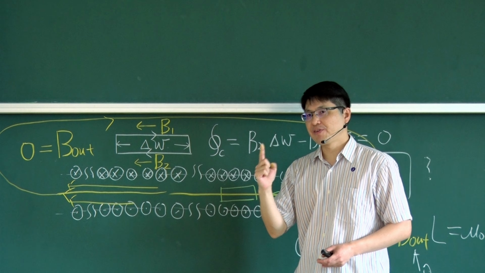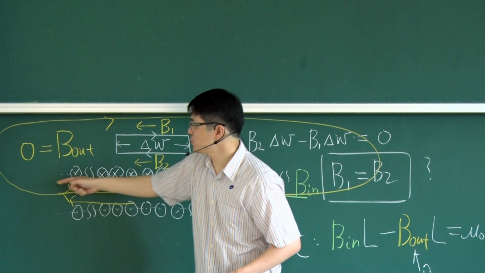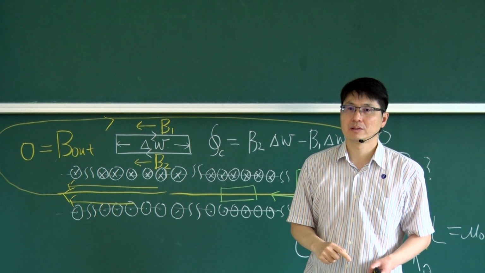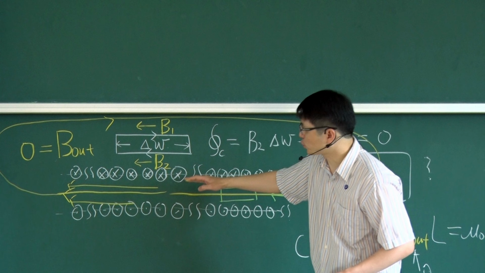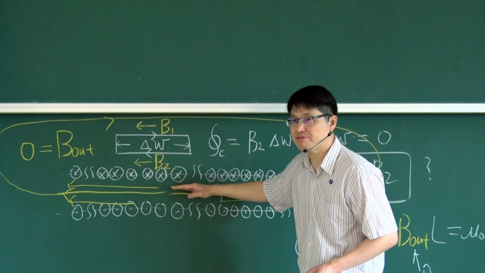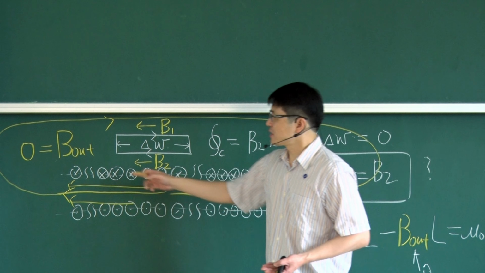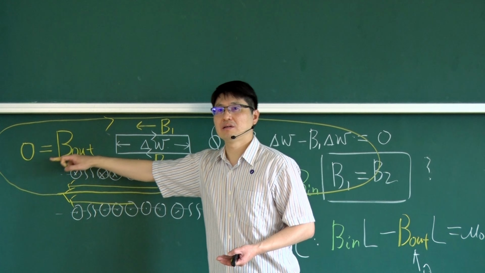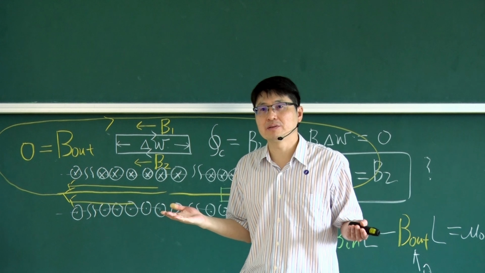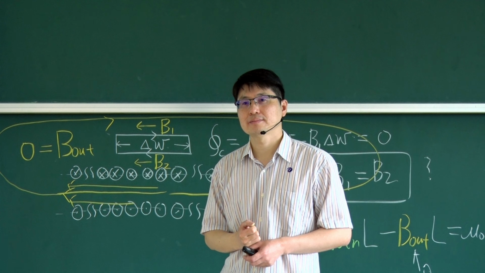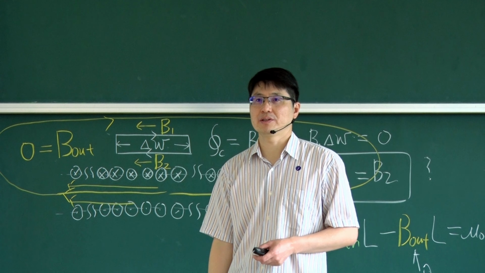But each field line needs to close upon itself. So if you really draw out the resulting B field lines, how can you say when you're outside, you have no field? Think about it.